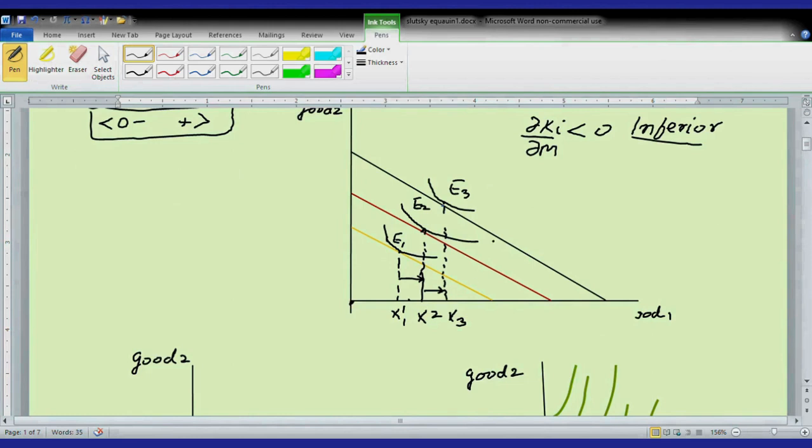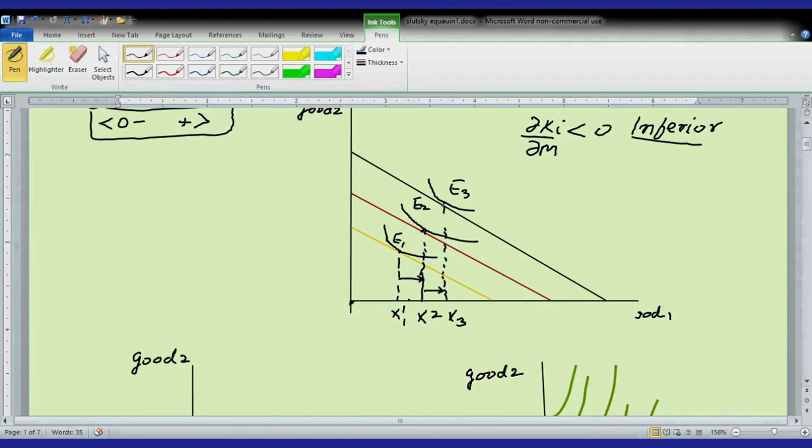If we had started with E3 in the reverse direction, so that we initially had a higher level of income, the equilibrium represented by E3, and then income falls and we arrive at E2, and income falls further, we arrive at E1, then we see that the consumption of good 1 will be decreasing.